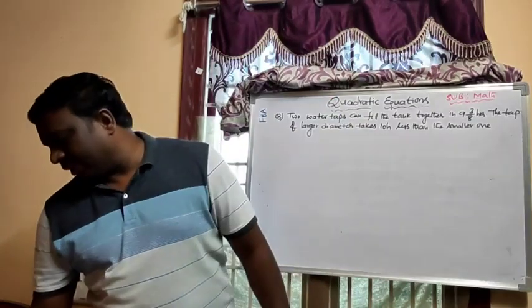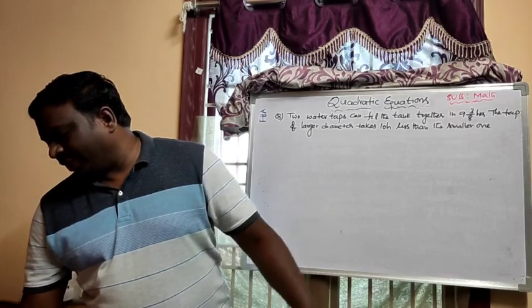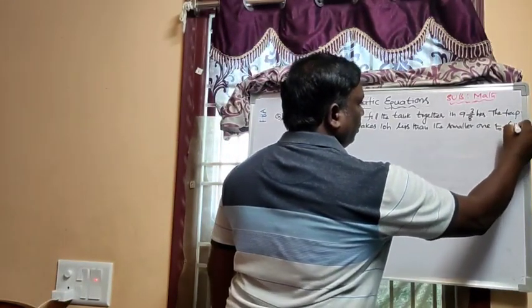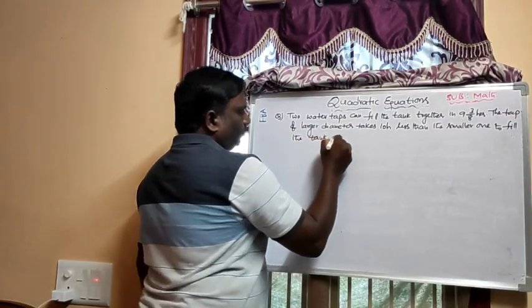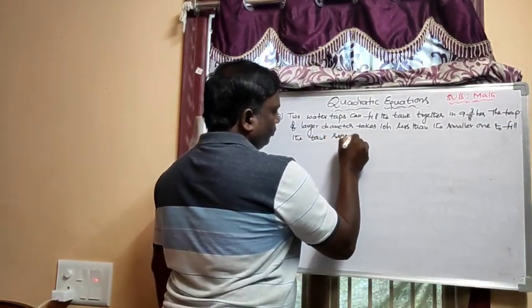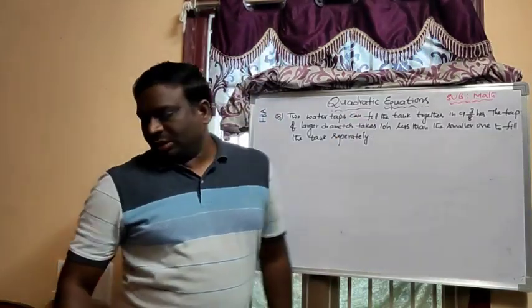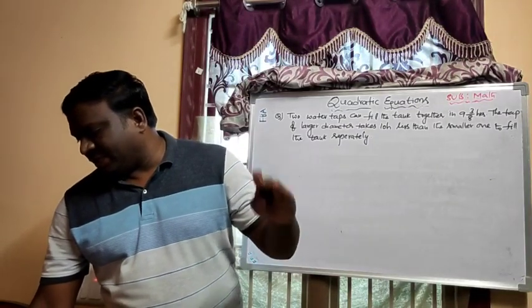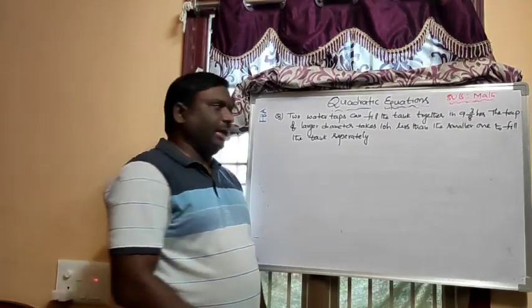There are two taps here. So the smaller one, to fill the tank separately. Now they are asking: find the time in which each tap can separately fill the tank.